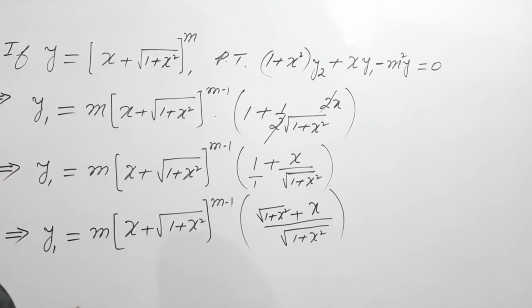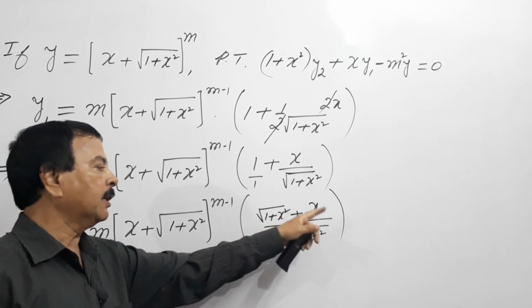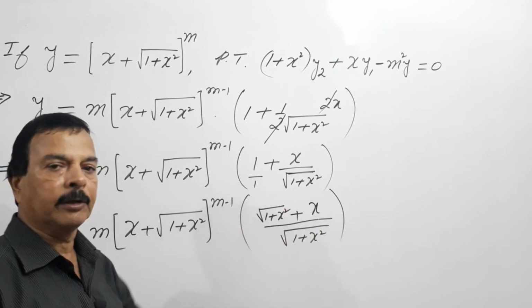Done. So next step, I will rearrange this because I want to bring it to this form. By rearranging, instead of a plus b, I will arrange b plus a. Both are the same.